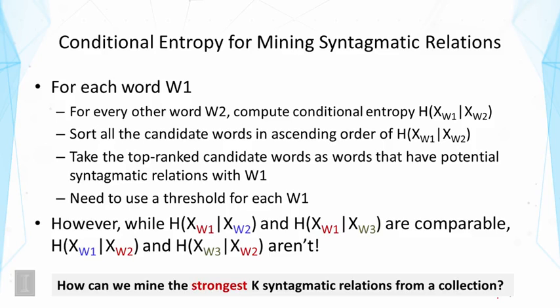Well, that was because they have different upper bounds, right? So those upper bounds are precisely the entropy of W1 and the entropy of W3. And they have different upper bounds. So we cannot really compare them in this way. So how do we address this problem? Well, later we'll discuss we can use mutual information to solve this problem.